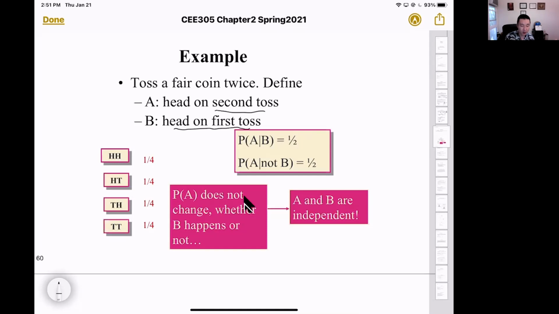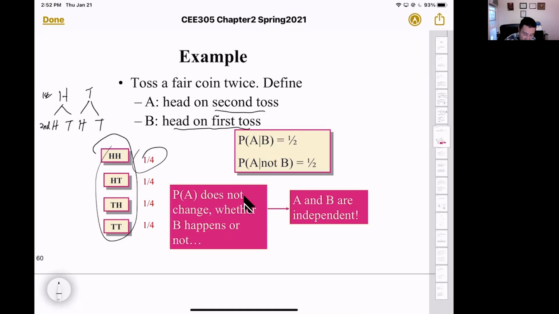If we toss a fair coin twice, the first toss could be head or tail, and for each outcome of the first toss, the second toss could also be head or tail. So we have these 4 possible outcomes, and each of them has a 25% chance.